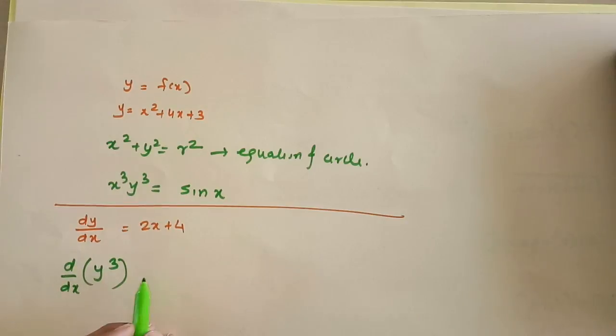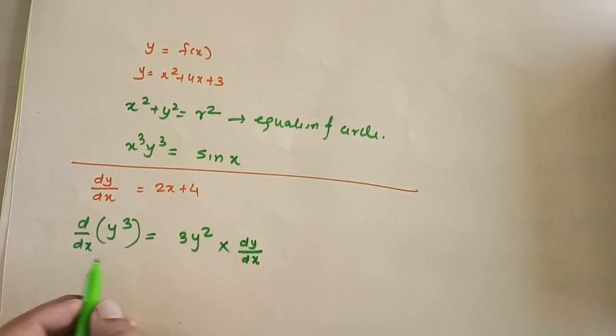The derivative of y cube is 3y squared, as with the normal derivative of x cube. But because you're differentiating y with respect to x, you can't express it purely in terms of y. The only thing you have to remember is that whatever variable you're differentiating with respect to x, you have to write dy by dx.